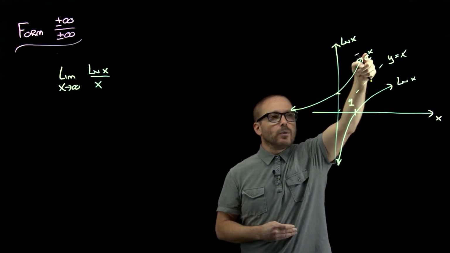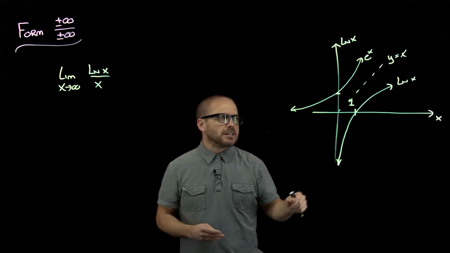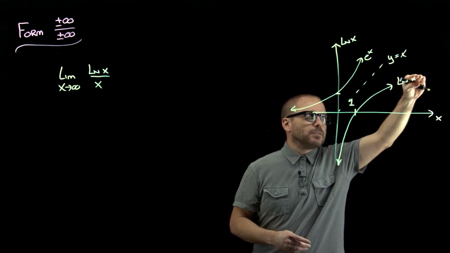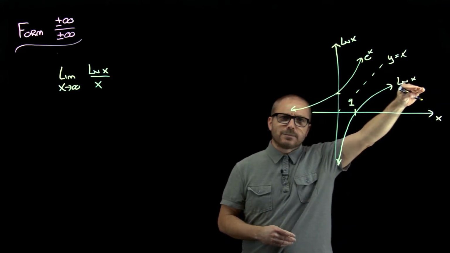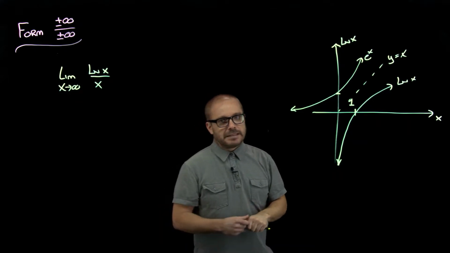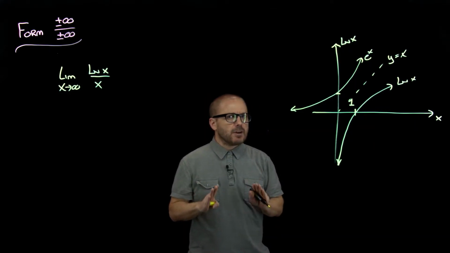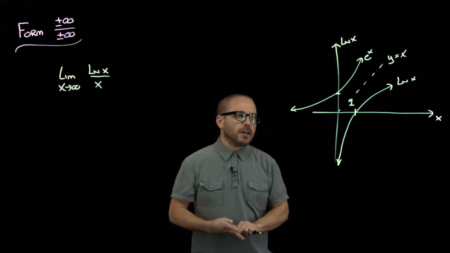But we know that you can raise a number to any positive power you want. So if there was a horizontal asymptote on natural log, that means there would be a vertical asymptote on e to the x, which there is not. But it grows very, very slow, which is an important thing to know.